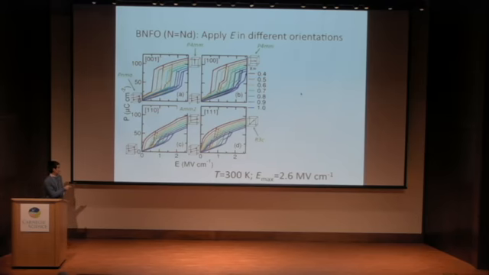But if we further increase the electric field, there will be two more consecutive second-order transitions where the polarization changes more or less continuously. And eventually we reach this orthorhombic AMM2 phase with the polarization along the 1, 1, 0 direction.